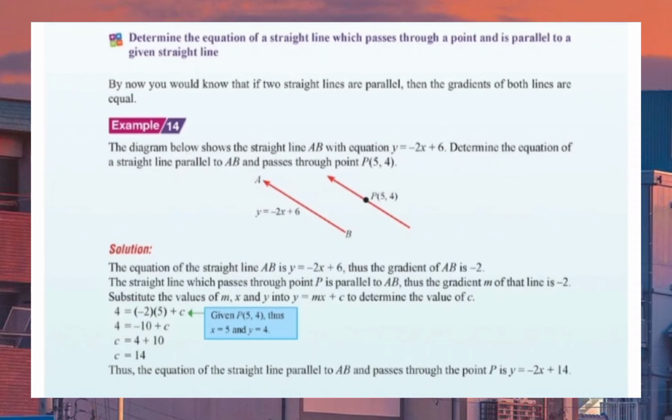The straight line which passes through point P is parallel to AB. Thus, the gradient of that line is negative 2. So, we must substitute the values of m, x, and y into y equal to mx plus c to determine the value of c.